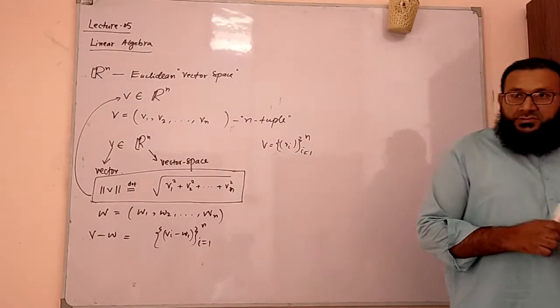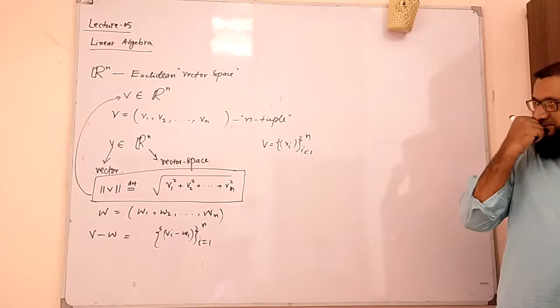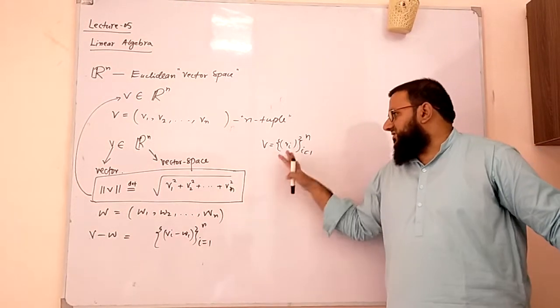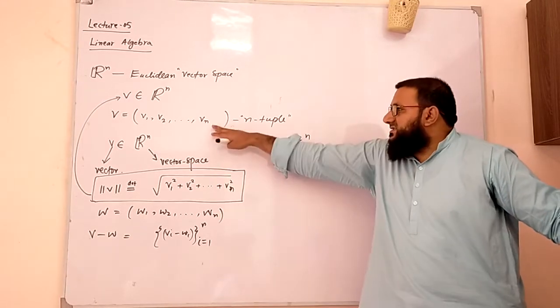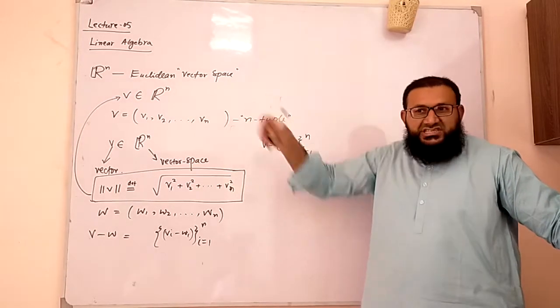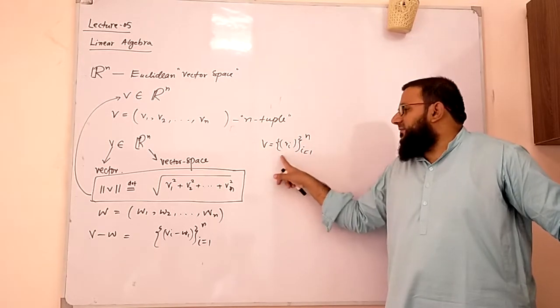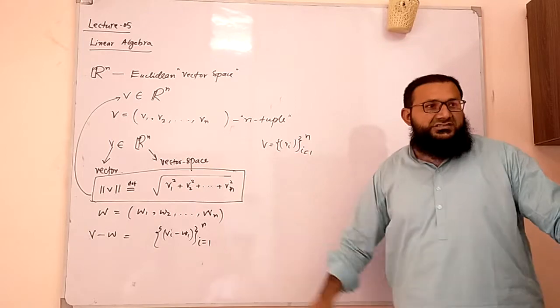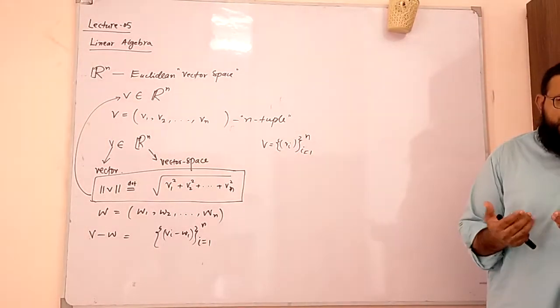Can't we write in this same notation, just like you are writing v? There is a problem with this notation: it is an ordered pair, so you have to show the position of each thing. It is not clear from here that it is some sort of ordered thing, so it is better not to write it this way. You can write some other elements this way.